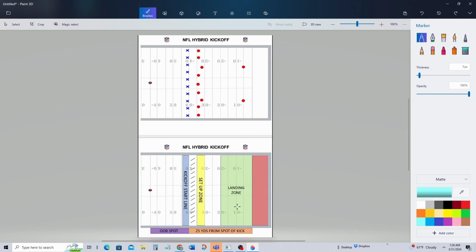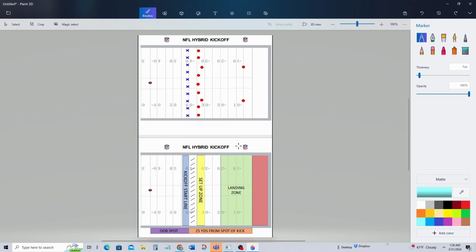That leaves this landing zone and a few other pretty specific details to iron out. The kicker kicks it and ideally lands it in the landing zone, here, in between the 20 and the end zone. If the kicker kicks it into the end zone or through the end zone, the kick return team can opt to just get the ball at the 30.